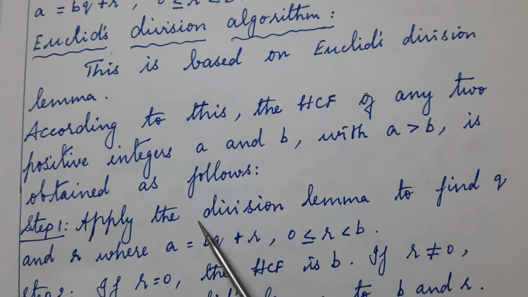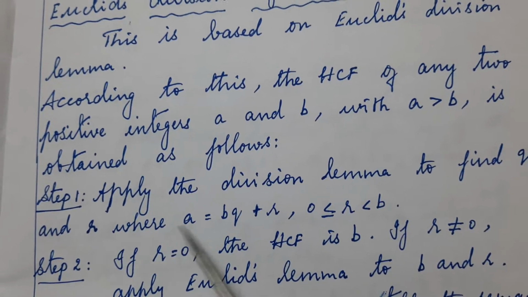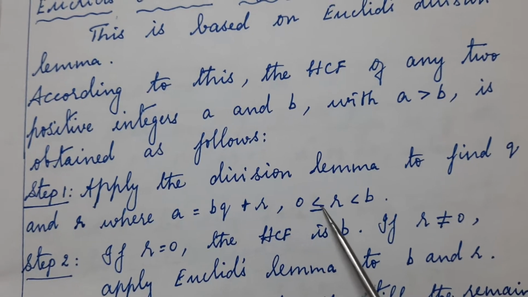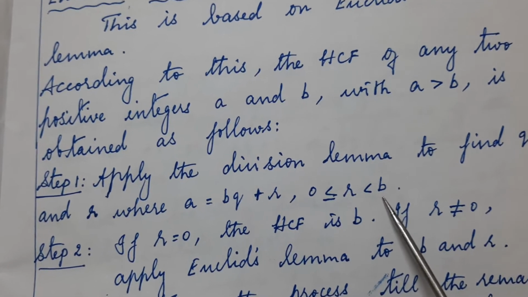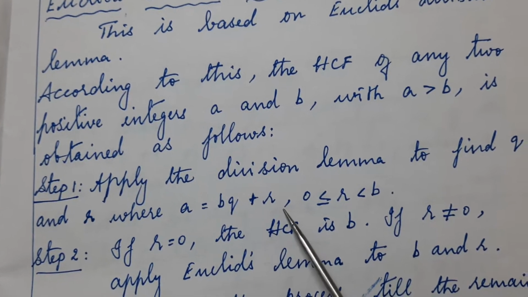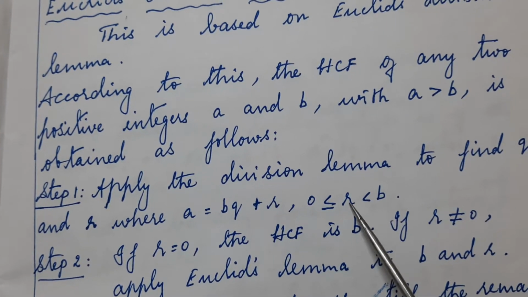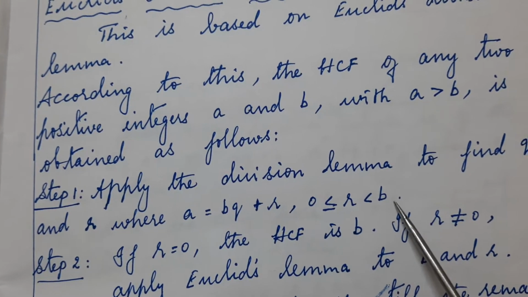Step 1, apply the division lemma to find q and r where a = bq + r, 0 ≤ r < b. So we are using the lemma a = bq + r. First you have to divide and find using this, and you know the condition is 0 ≤ r < b.